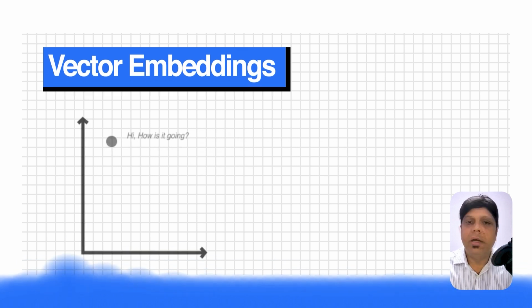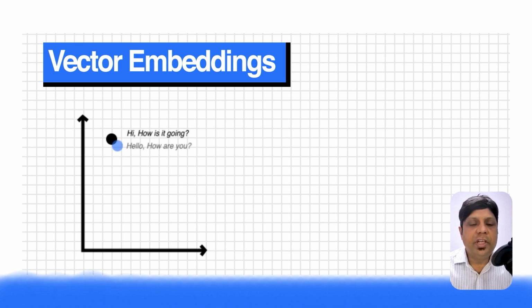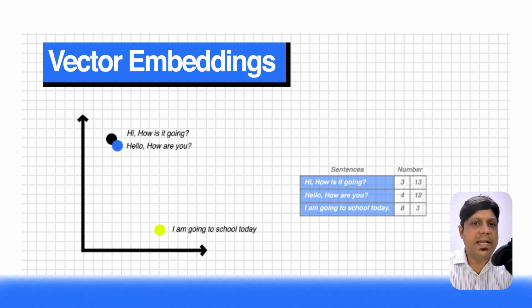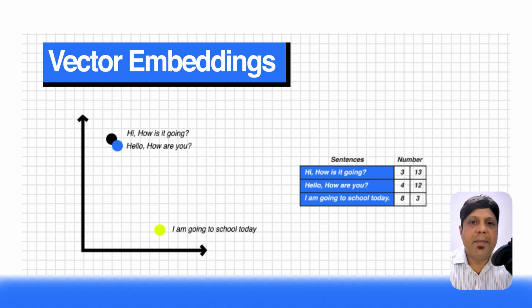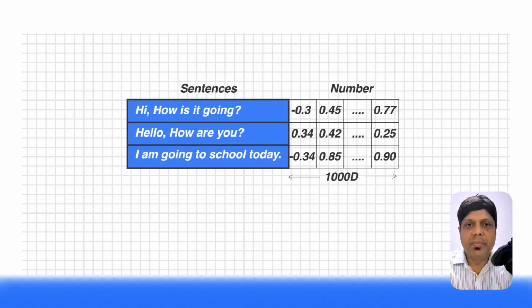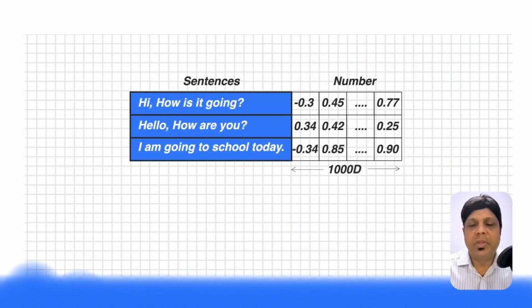In short, what vector embeddings are: we assign a coordinate to a word or a sentence in multi-dimensional space, basically 1000-dimensional space. And why do we do that?